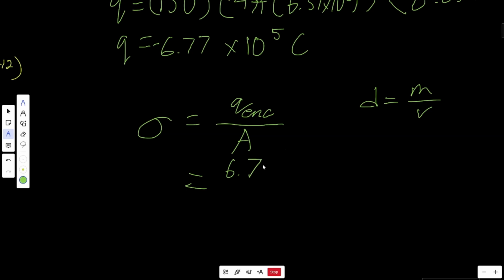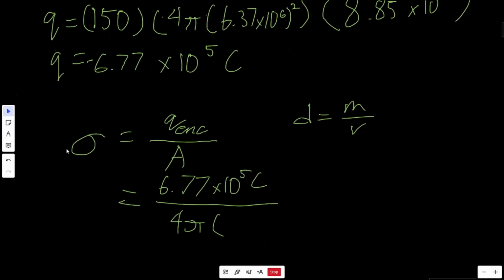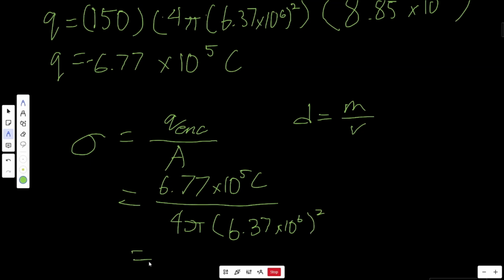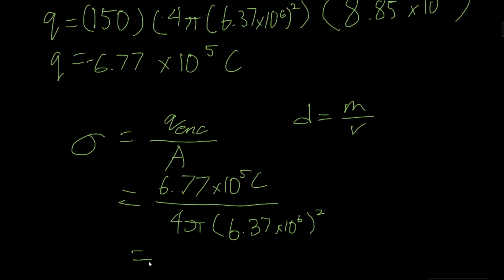So all we have to do is just plug in our values. 6.77 times 10 to the power of 5 coulombs all over our area, which is 4 pi times 6.37 times 10 to the power of 6 all squared.